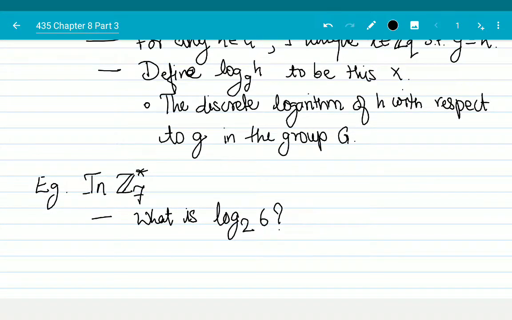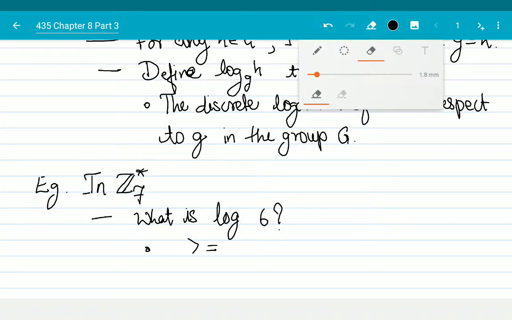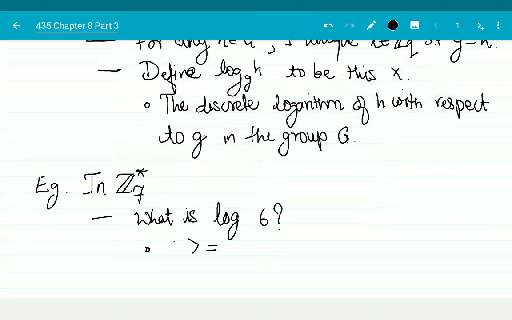Well, what does 2 look like? 2 is equal to 1, 2, 4. My bad, maybe 2 doesn't even generate this group. 3 does, I think.